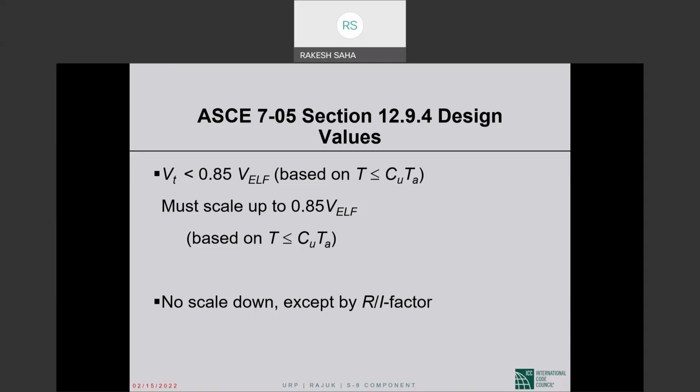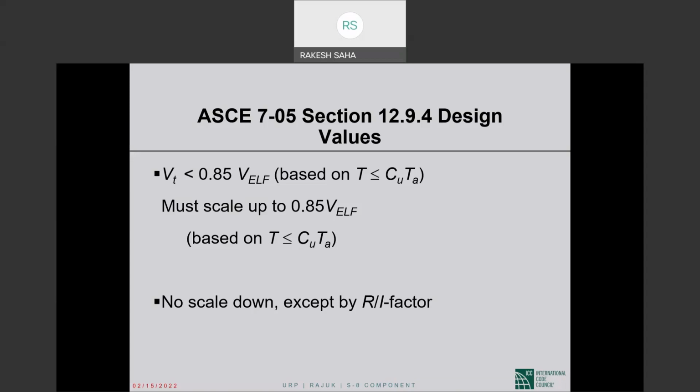Let us say the dynamic base shear is 100, and 85% of the static base shear is 135. So you will amplify all response quantities by the factor of 1.35. That is the scaling that we are talking about.